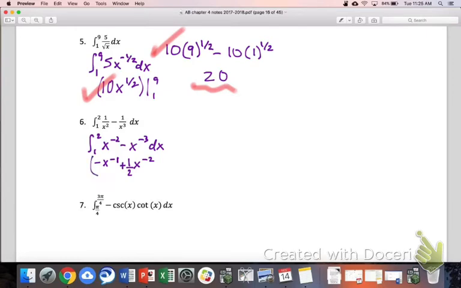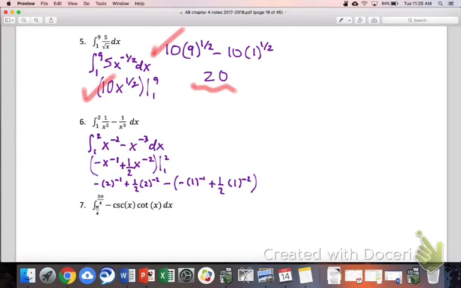All right, fair enough. So we're going to evaluate this from 1 to 2. So let's see here. This would be negative 2 to the negative 1 plus 1/2 times 2 to the negative 2, minus the negative of 1 to the negative 1 plus 1/2 of 1 to the negative 2. All right, so where does this go?